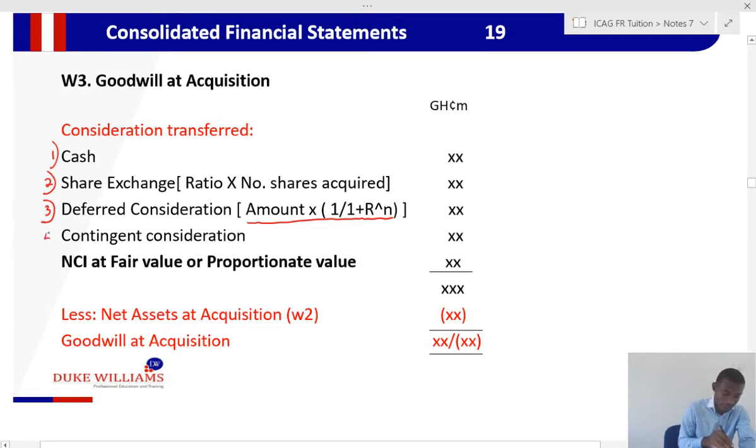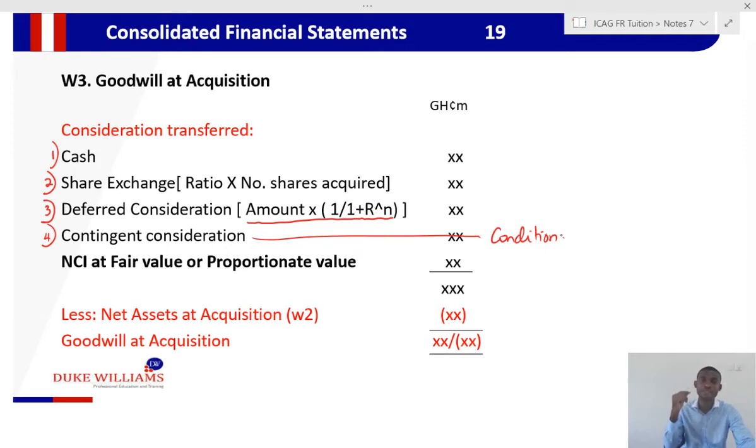Then the next one is what we call contingent consideration. Now we need to understand that contingent consideration arises where there is a condition. Entity A can say that I would pay entity B in 2 years' time only if entity B achieves, let's say, a defined profit percentage. That will be the condition.